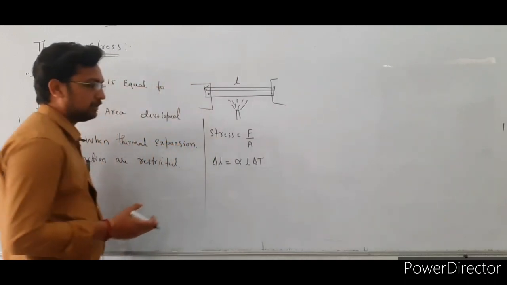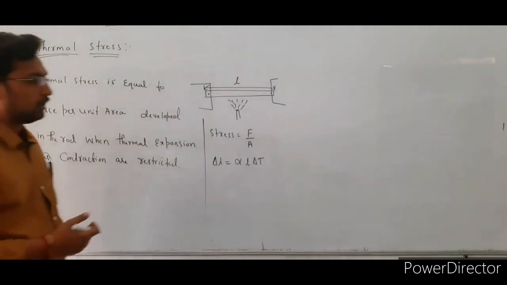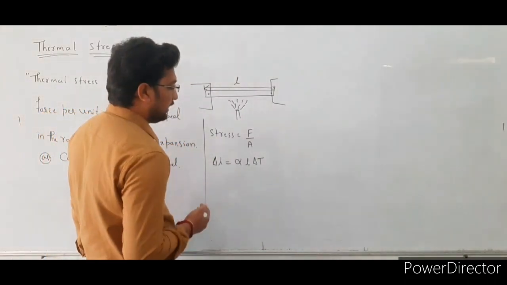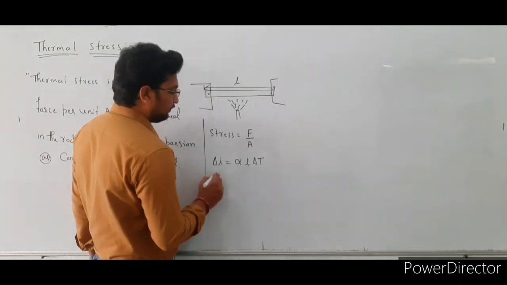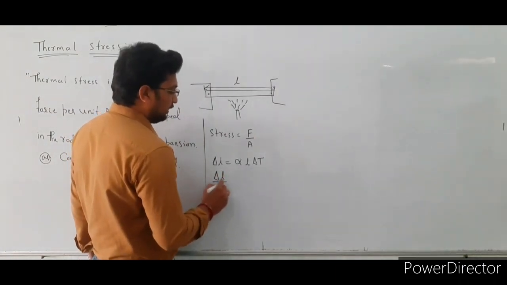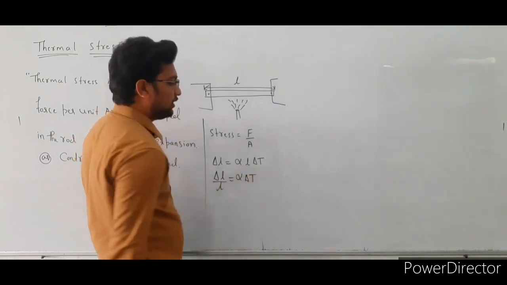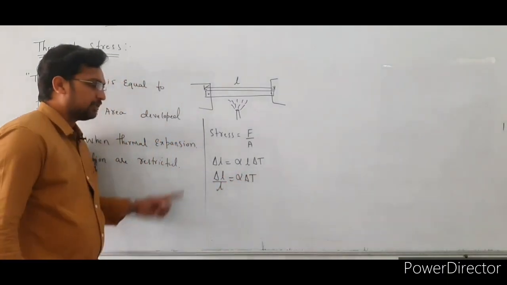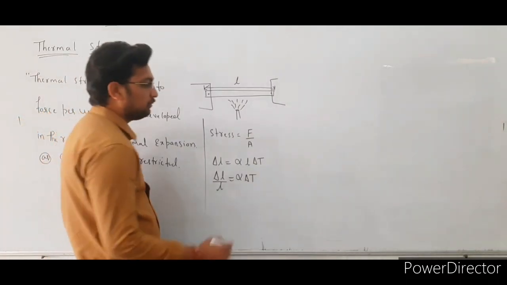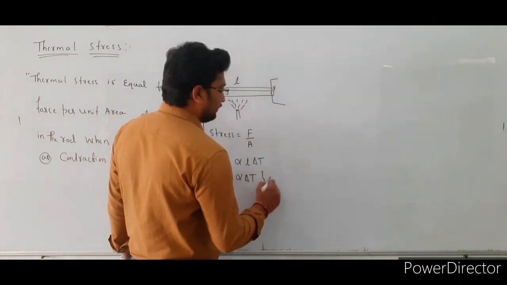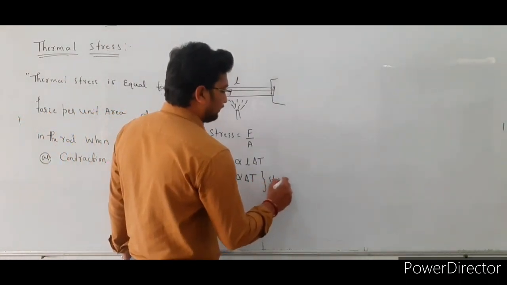We discussed this expression in thermal expansion, in linear expansion. From this, change in length by initial length is equal to alpha into change in temperature. Here change in length by initial length is nothing but the strain.